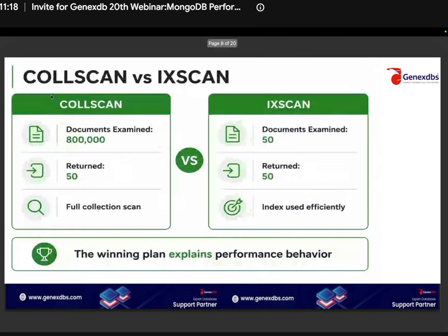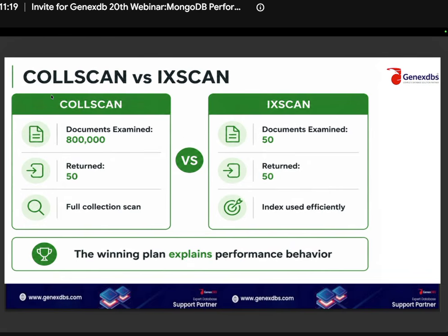And then COLLSCAN versus IXSCAN. The execution plan will explain whether MongoDB is performing a COLLSCAN or an IXSCAN. A COLLSCAN is, as I said earlier, when MongoDB scans the full collection. For example, it examines 8 lakh documents but returns only 50 results, because the appropriate index is missing.